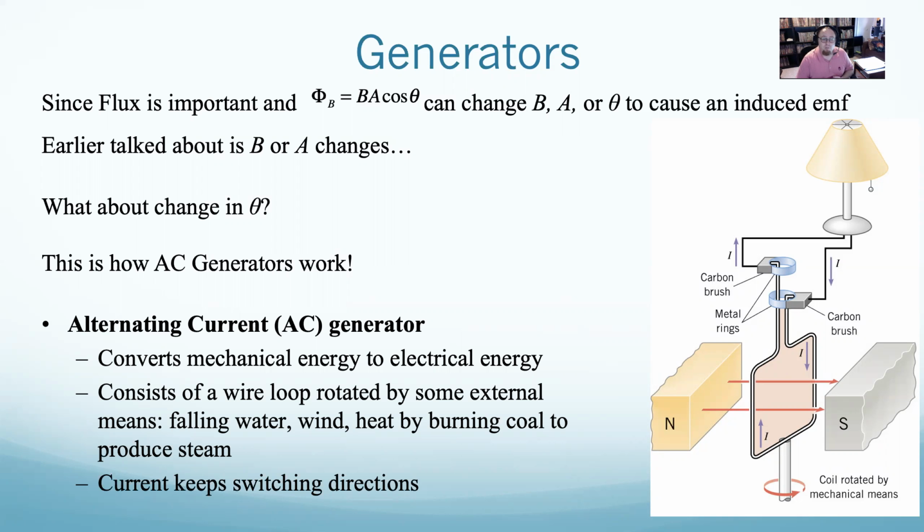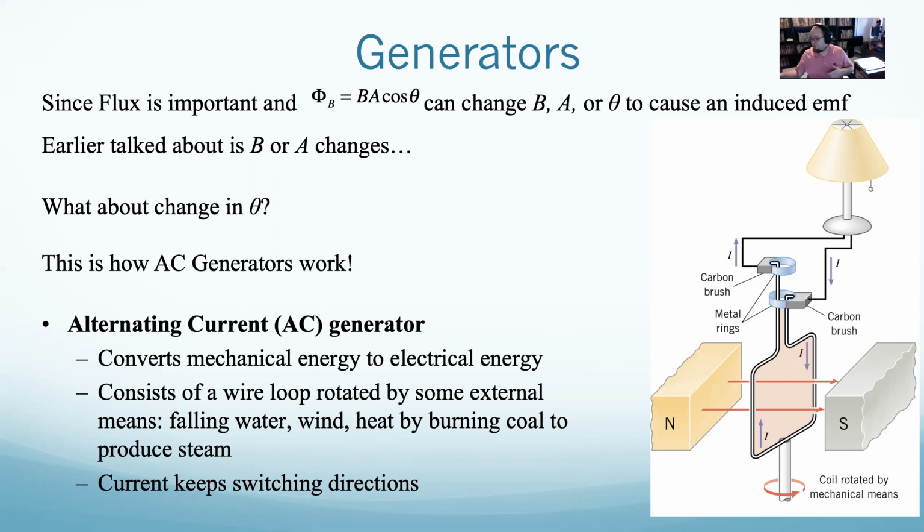If you look at most ways that we as a society make electricity, be it more classic like coal and natural gas, or more modern like, well, windmills aren't modern, but modern windmills and hydroelectric, almost all the ways we make electricity involve making something spin. Because here's the idea: if you can make something spin, you can make electricity using this AC generator.